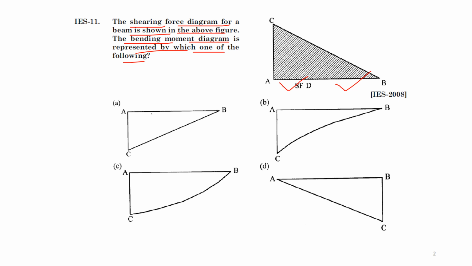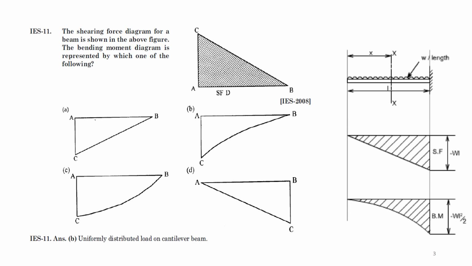Okay, anyway, so this is the SFD given, and now we have to tell what is the bending moment diagram for this particular SFD. So this SFD is for this loading. It is not given, but actually this is for uniformly distributed load in a cantilever.